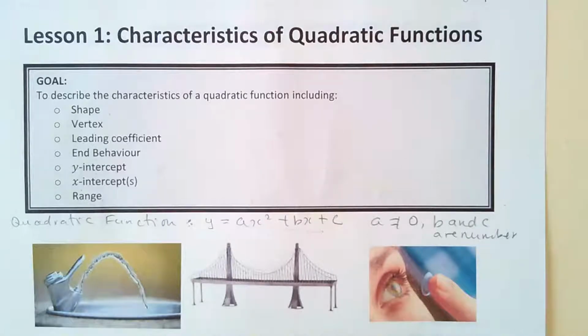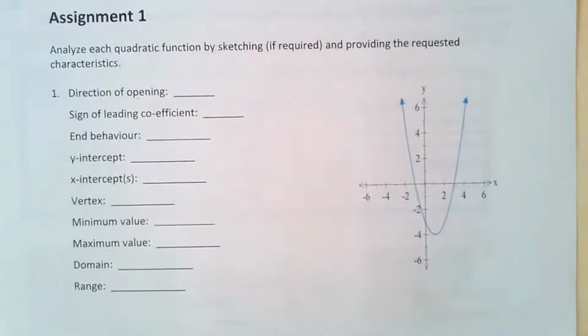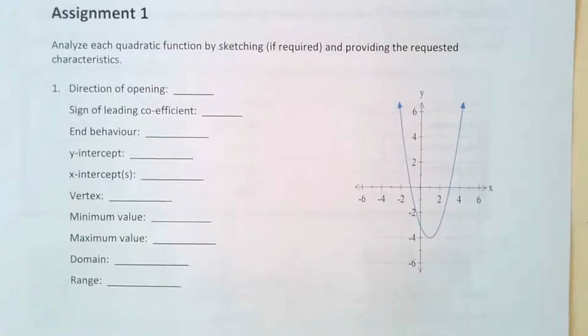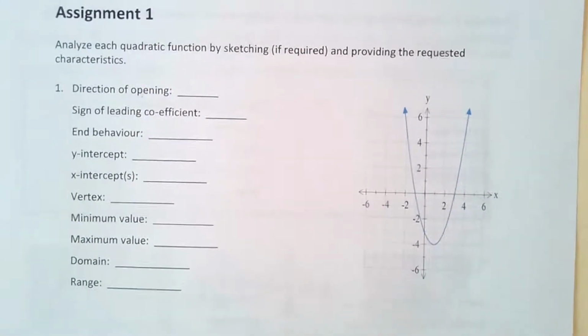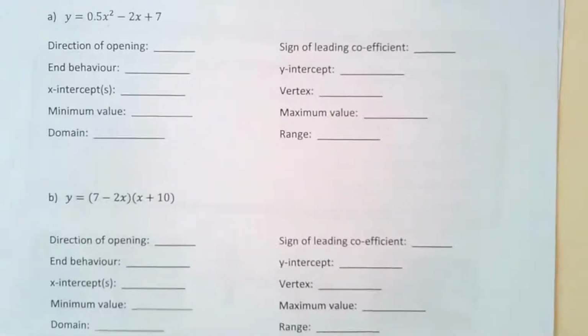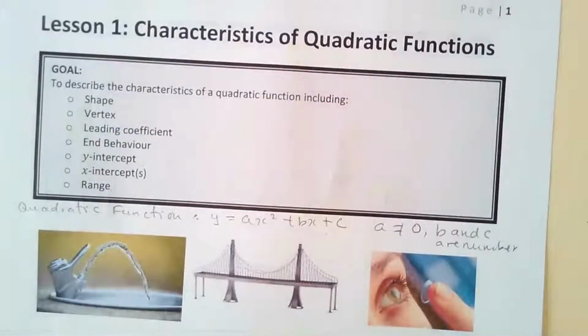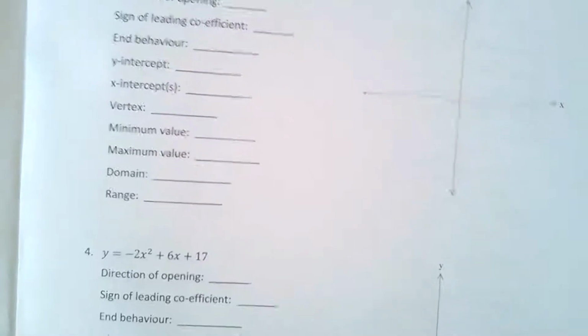So today, I'll be going through a few assignment questions, all from assignment 1. I looked at the first one and the second question, and the next set of questions will be in your booklet.